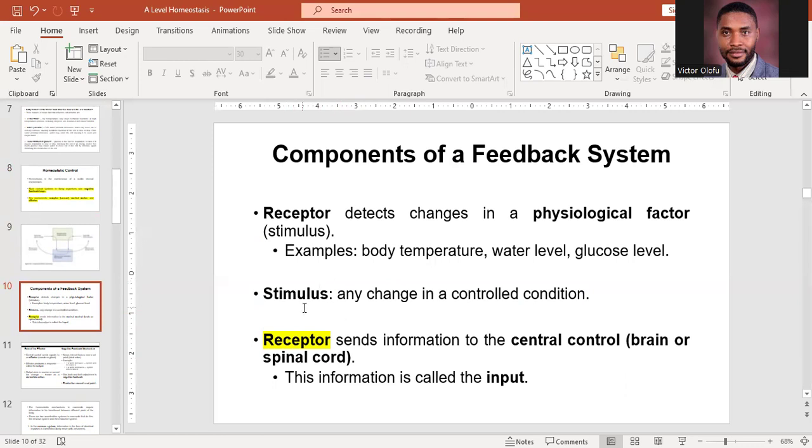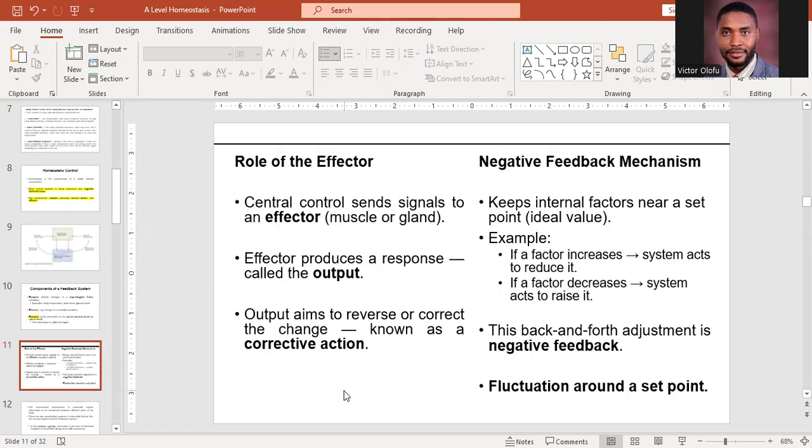The receptors send information to the central nervous system. The receptors or the sensors, they input information. That is, they send information to the brain. So we call it the input, the impulse or input. Now, the role of the effector: from the central control, signals are sent to an effector, which is a muscle or gland.